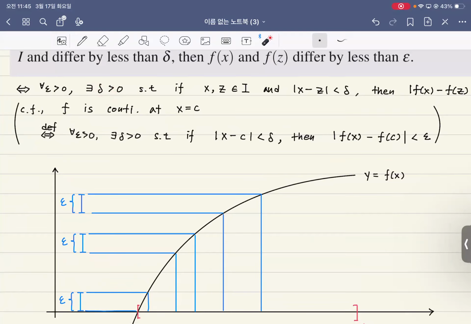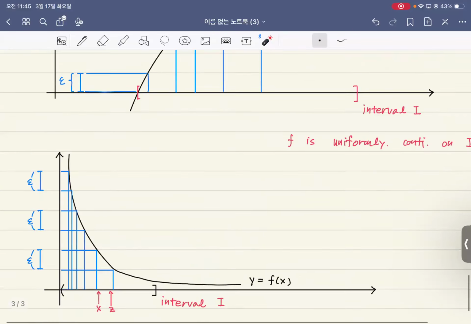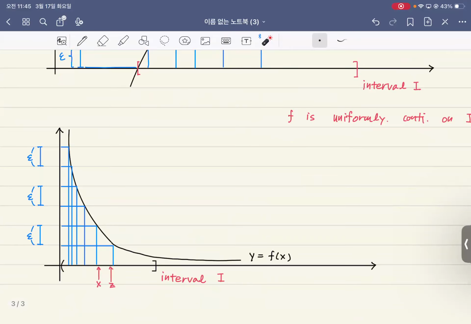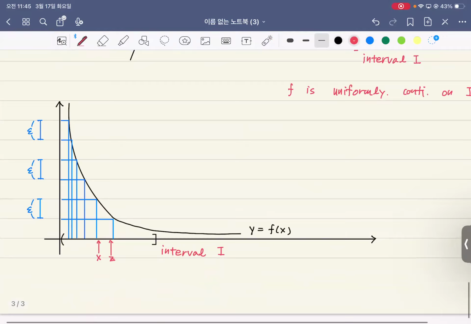So your function is not uniformly continuous on this interval. f is not uniformly continuous on I.